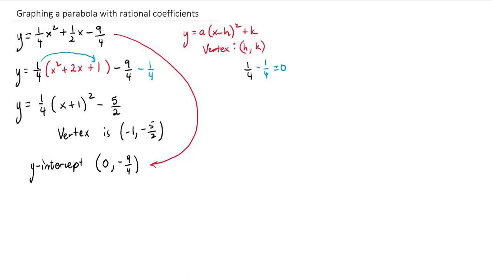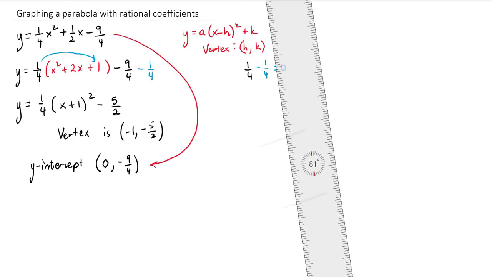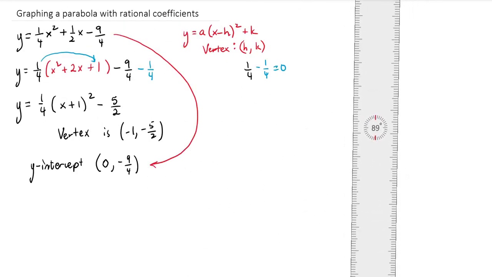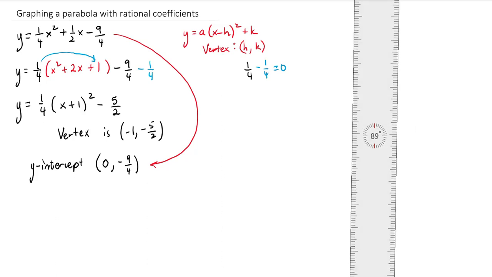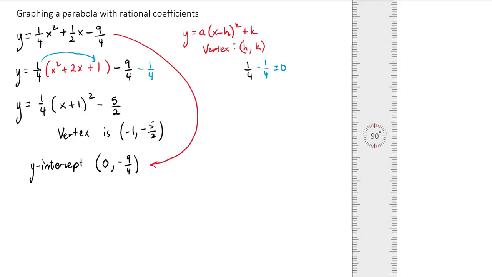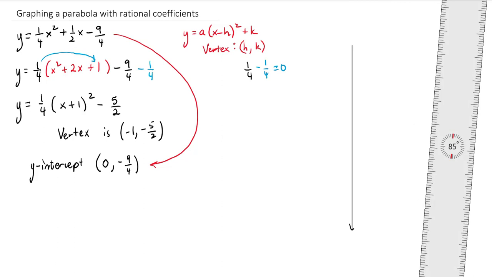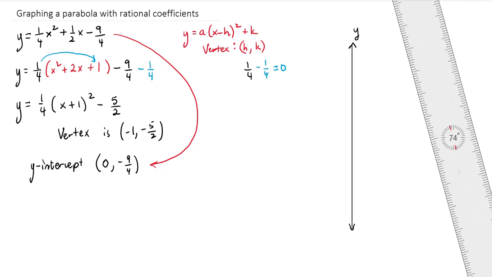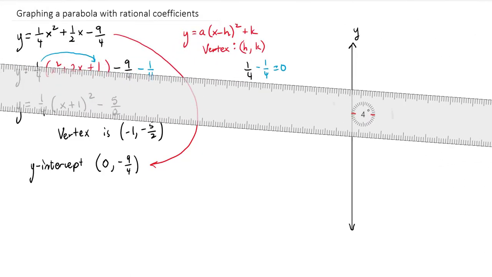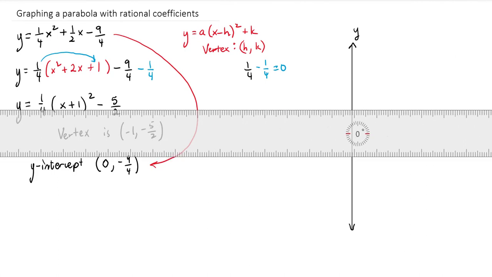We're ready to graph this. So let's do our best to, if you have a ruler, take advantage of it. You know, it's much better to graph with straight lines. So let's draw the y-axis. Now my vertex is actually in quadrant 3, and this is opening up. So why don't we draw quadrant 3 a little bit lower?